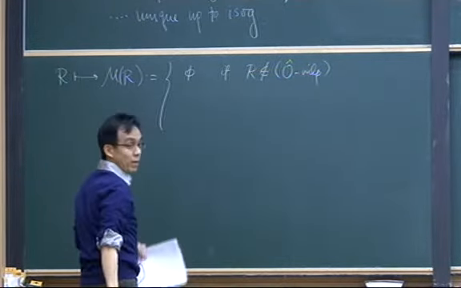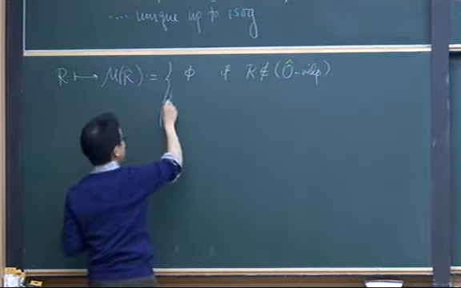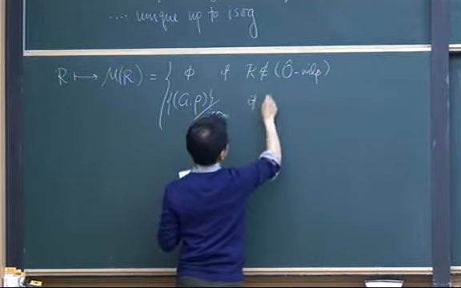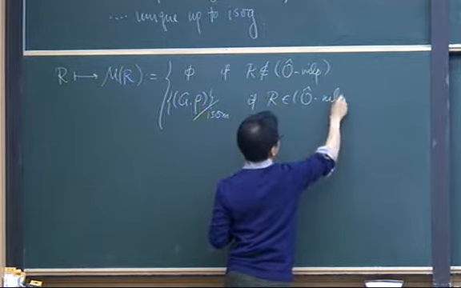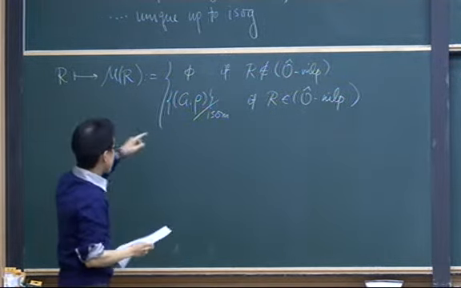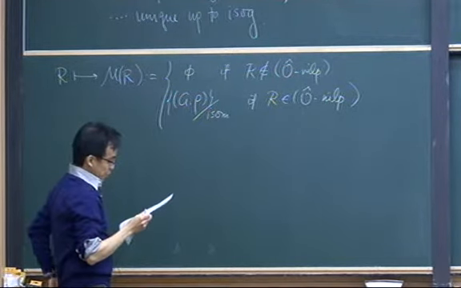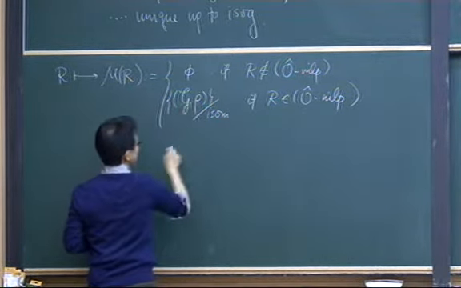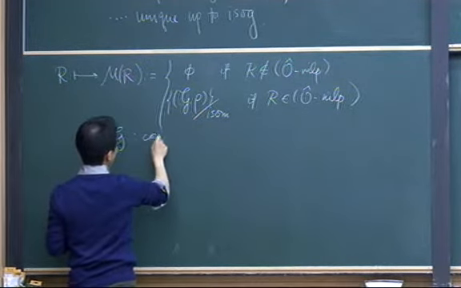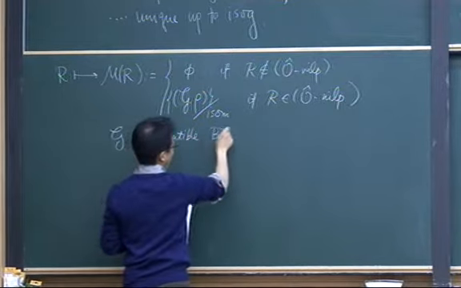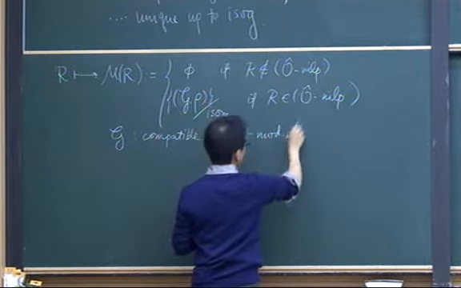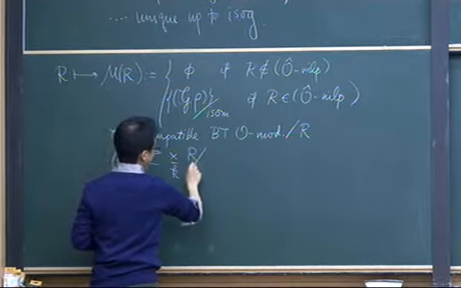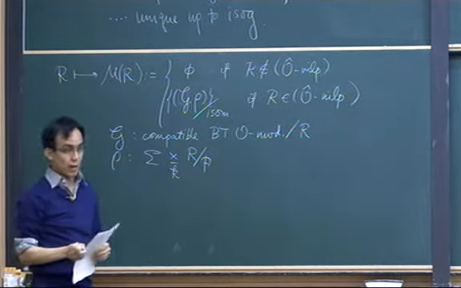This will only have values if P is nilpotent, and if P is nilpotent in R, then I can comfortably talk about Barsotti-Tate modules over R. Sorry, this is curly G. So R over P is a K bar algebra.